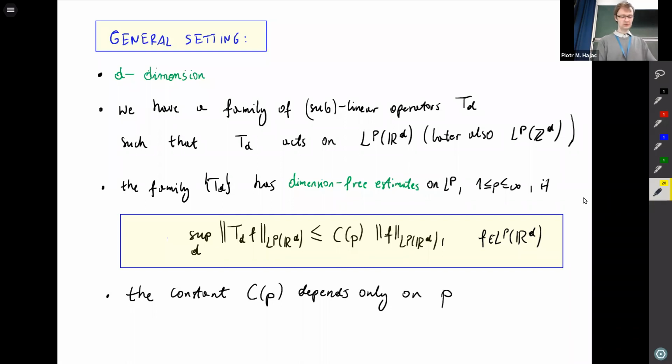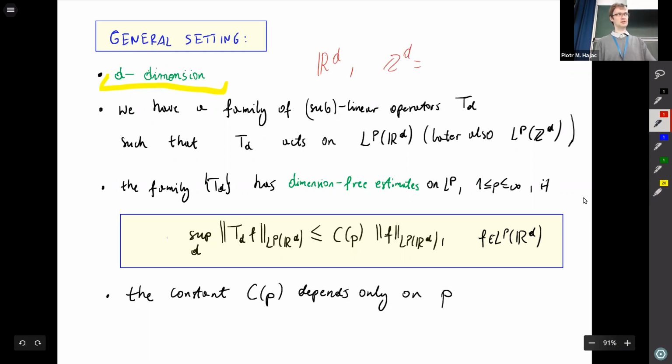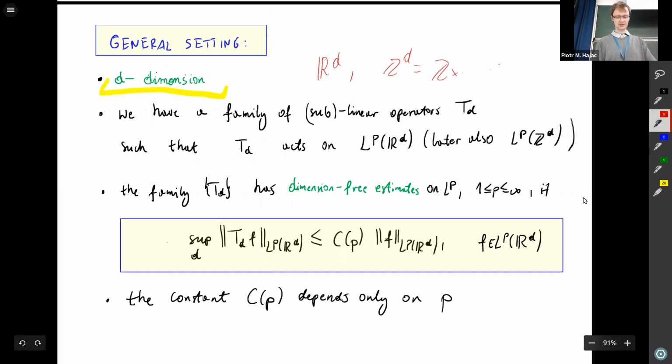Okay, so throughout the talk, D will denote the dimension, and the spaces where we'll consider these D-dimensional spaces will be either sometimes RD for the first part of the talk, but later also ZD. So Z is just the integer lattice, the integer points, and ZD means, of course, Z Cartesian product with Z, and the same with RD, of course.